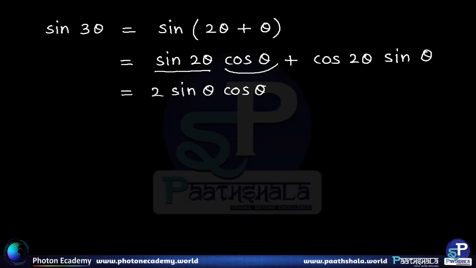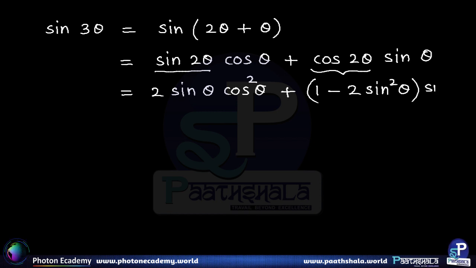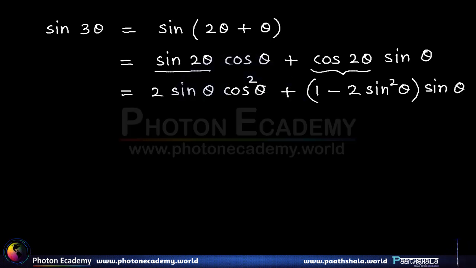But since we have one more cos theta term sitting, I can write the first term as directly 2 sine theta cos square theta, plus cos 2 theta can be written as 1 minus 2 sine square theta, which we have just seen, and multiplied by the last term sin theta as it is. Now since we want to see everything in terms of sine, I must replace cos square theta by 1 minus sin square theta.